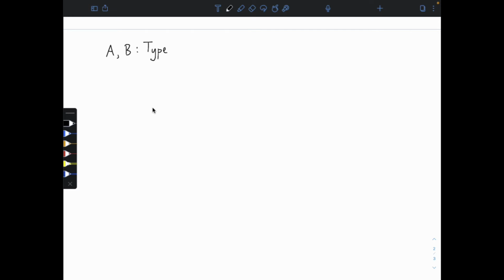I can consider the constant family which goes from A to type, which takes every x to the type B. So that's the constant family, or the constant dependent type, where the type does not really depend on A. So that's one option.